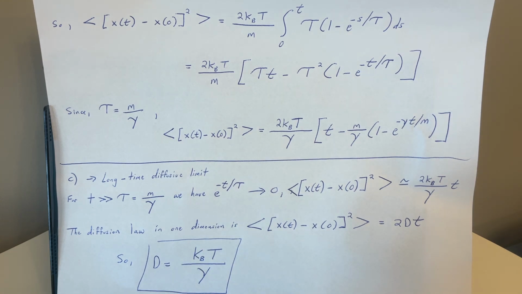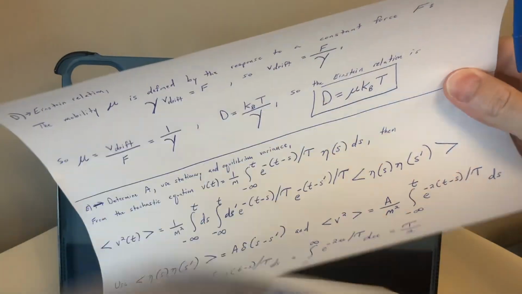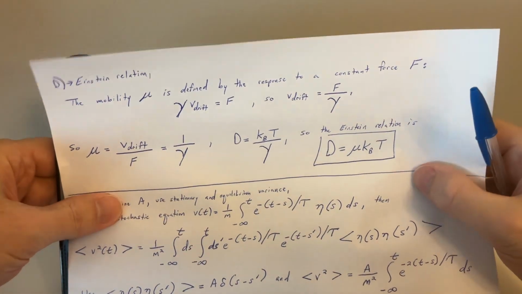So that's letter C. For letter D, they want us to derive the Einstein relation connecting the diffusion constant and the friction coefficient. So Einstein relation for this.